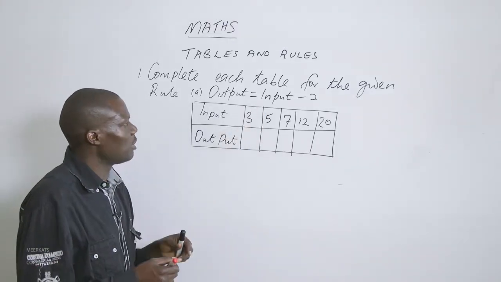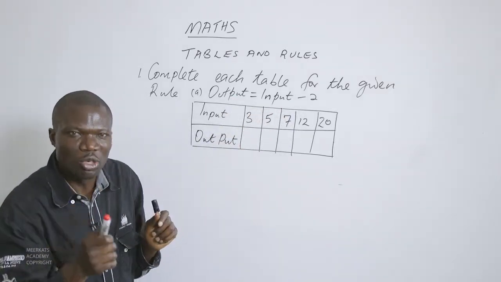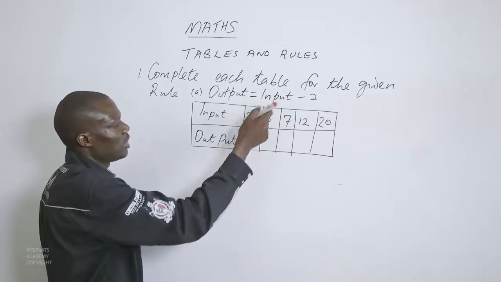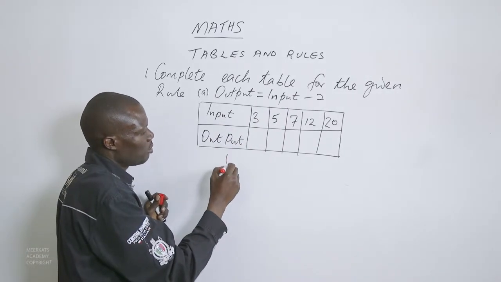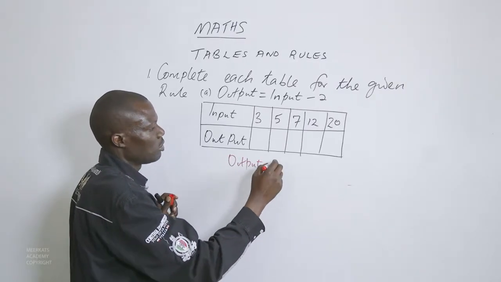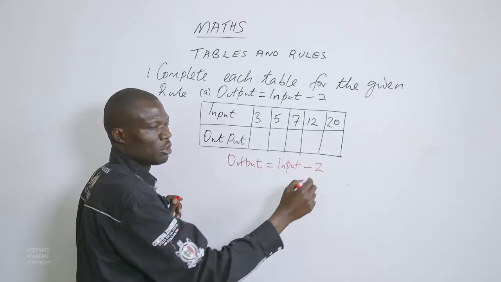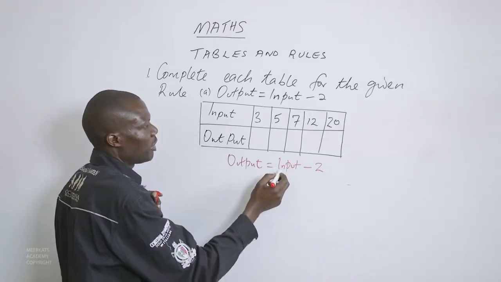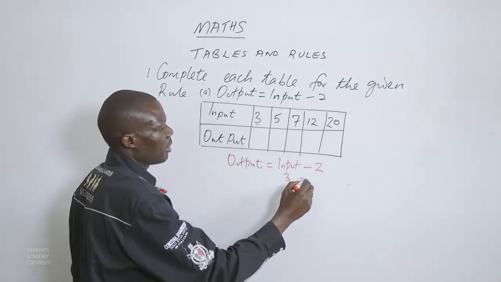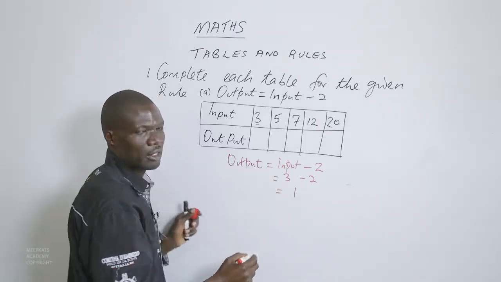So we simply start working out by replacing. The first value, if output is input minus 2 and input is 3, so we want to substitute here. Output is equals to input minus 2. Substitute the value of input with 3. It will be 3 minus 2, which is equals to 1.